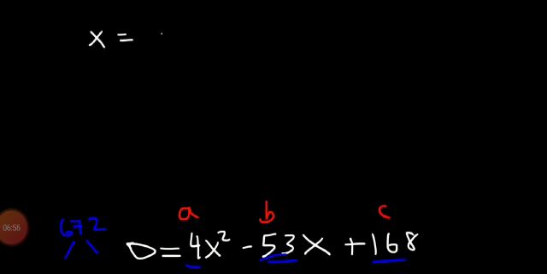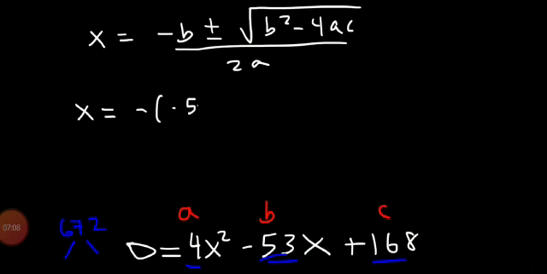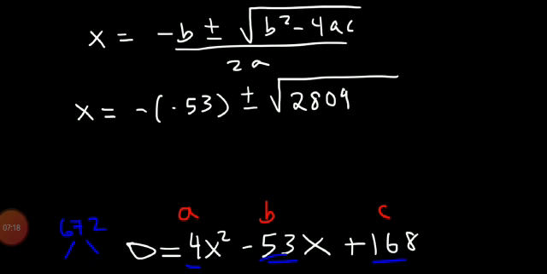If we can take a pair that gives us a product of 672 and a sum of 53, then we can factorize. And if it is not possible, then the second way is that we use the quadratic formula. The value of a is 4, b is negative 53, and c is 168. These all three values we will put in the quadratic formula.